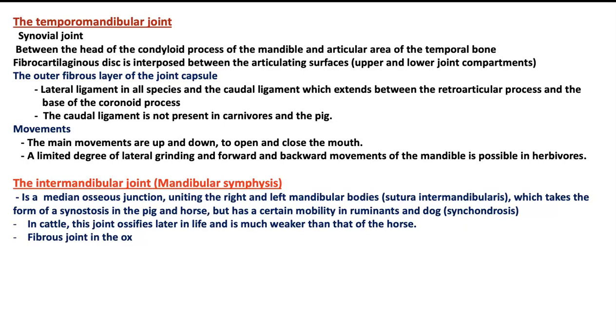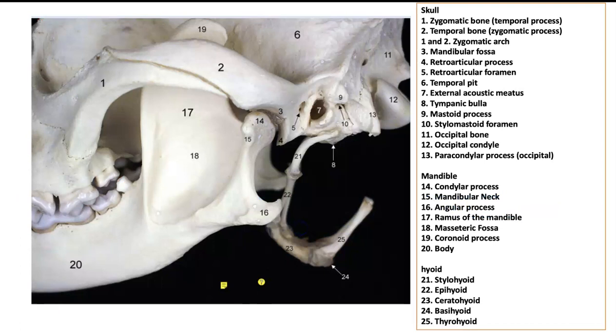Now you can see closely the TMJ here, between the mandibular fossa right here and the condylar process. This is very important, especially in the horse, to know the landmark, to know how we can take synovial fluid from this joint. Also, you can see the different parts of the hyoid apparatus.